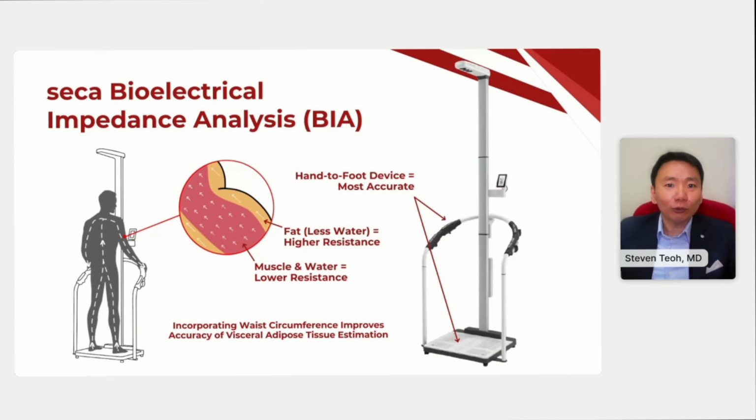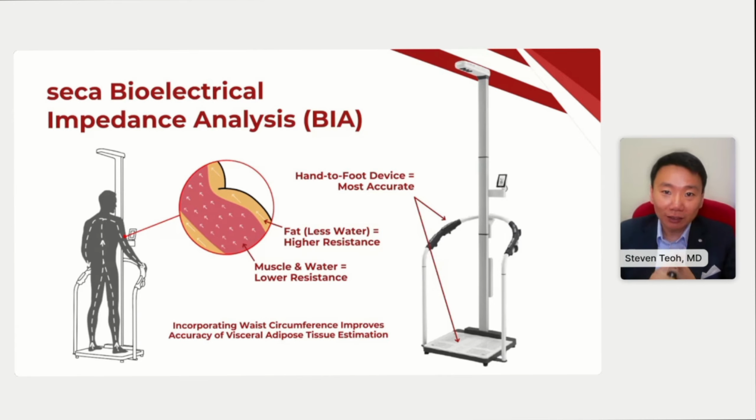So now we'll try to understand how BIA actually works and what the assumptions are. What happens when someone is on the BIA machine is that the machine sends a very small, harmless electrical current through the whole body. And there are a couple of fundamentals we must know here.